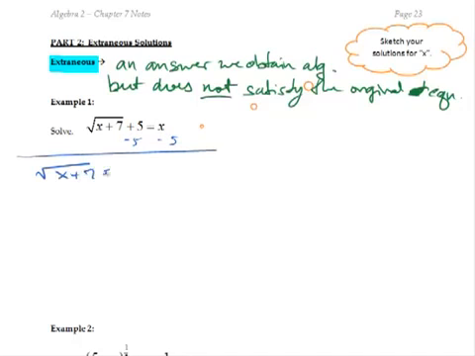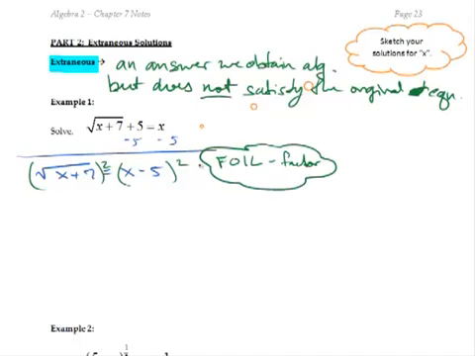It was FOIL, and then factor, and then solve. Notice we have an x minus 5 squared. The square root and squared cancel, so x plus 7 equals, write it out twice please, x minus 5 times x minus 5. When we FOIL this, we get x squared minus 10x plus 25.